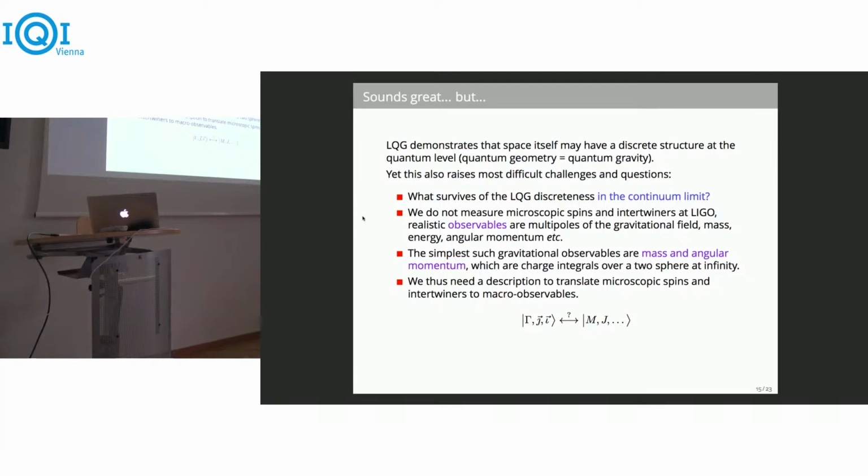And so there's the possibility that indeed quantum general relativity is about quantizing spatial geometries. However, there are issues. For instance, how do we obtain smooth spacetime geometries in the semi-classical limit?